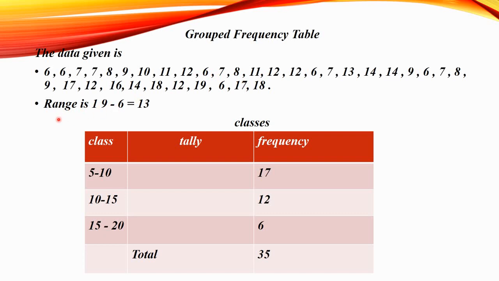Therefore, the range is 19 minus 6, which is equal to 13. Now, we will make small groups of this given data. That is, we will take the classes 5 to 10, 10 to 15 and 15 to 20.